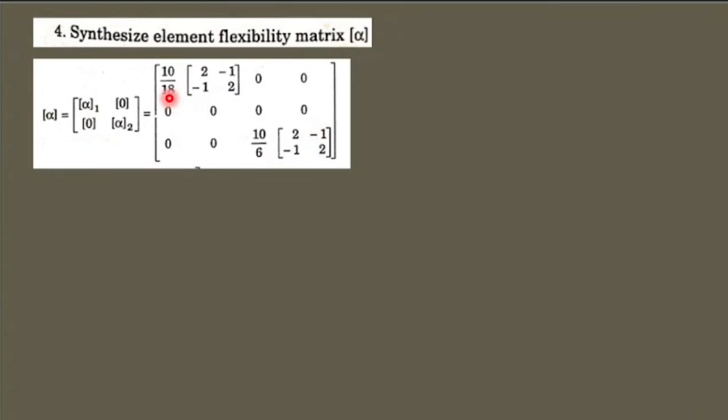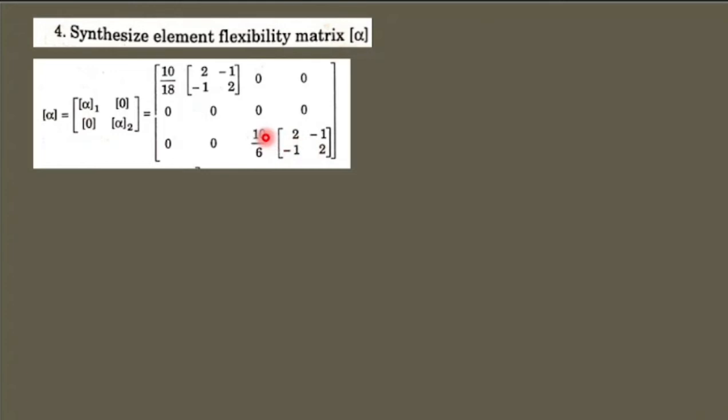Now, the alpha matrix is L by 6 EI. Why is it written as 18 here? For the span AB, what is the EI value? 3. So 6 into 3 will be 18. 2 -1 -1 2. So this will be the 2 by 2 matrix. And for the element 2, that is B to C, what is the formula?